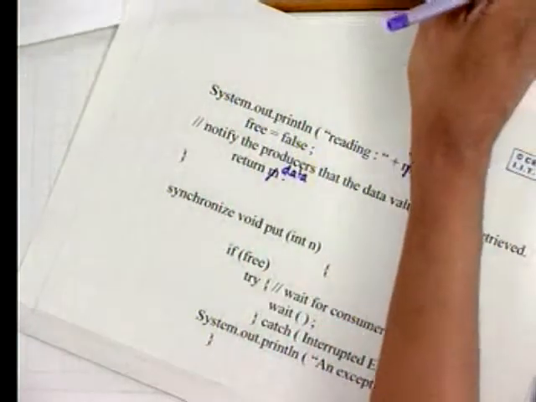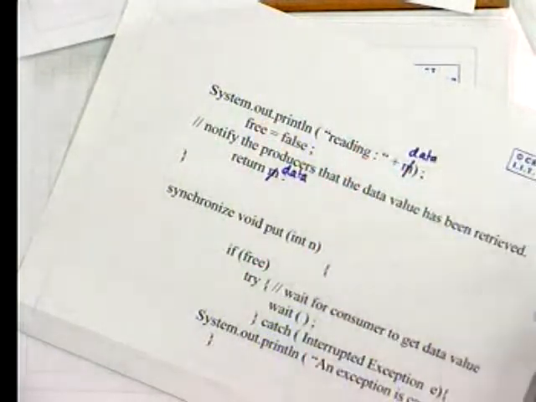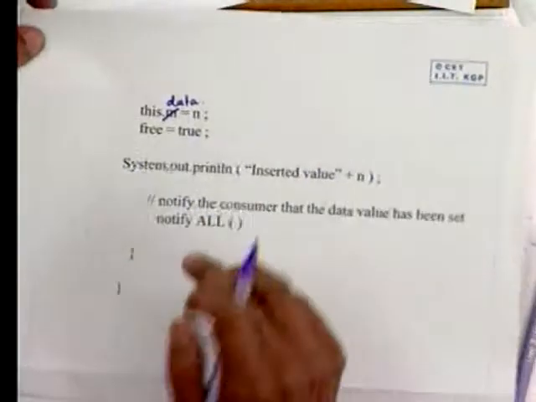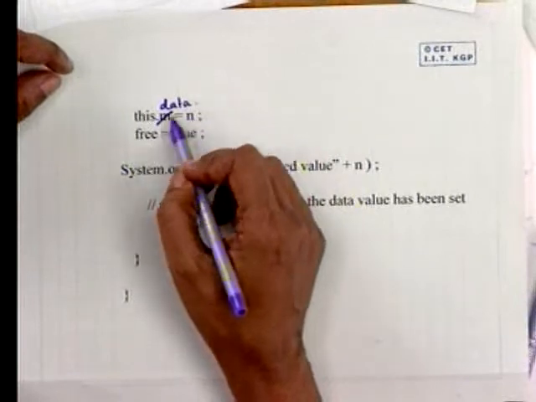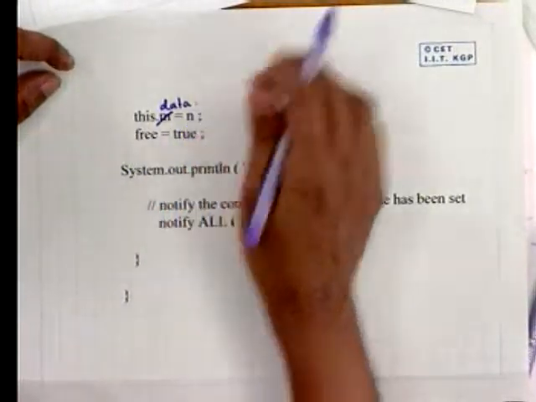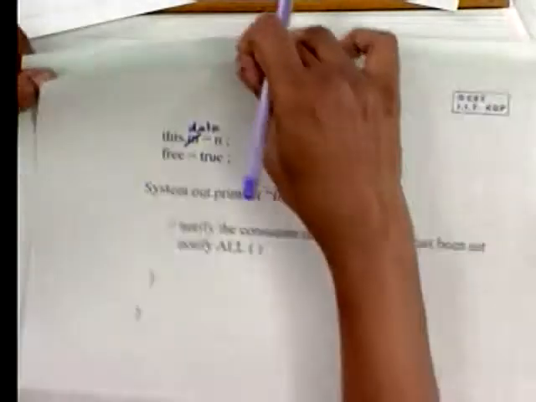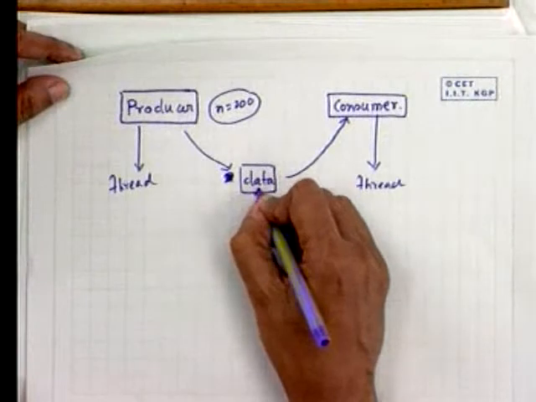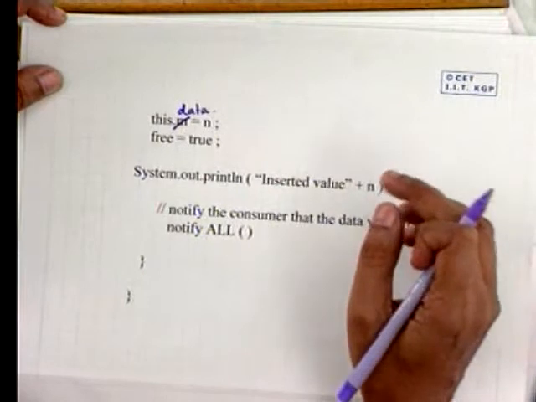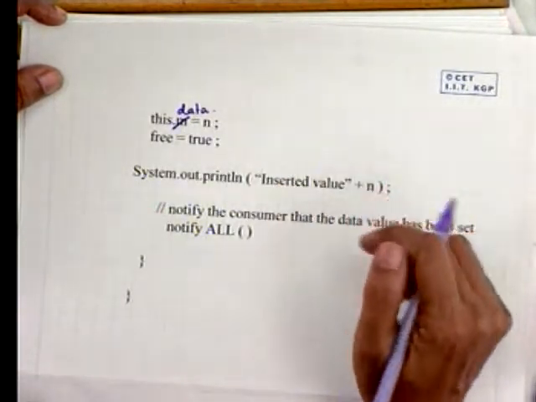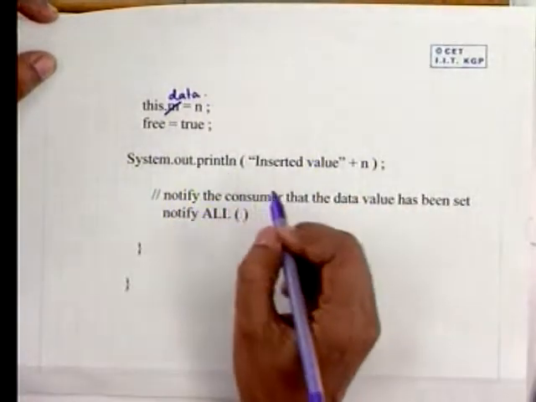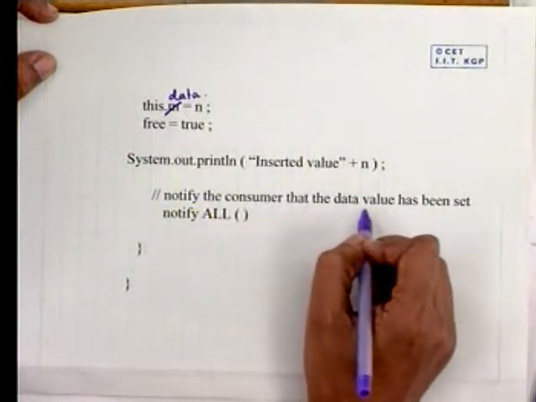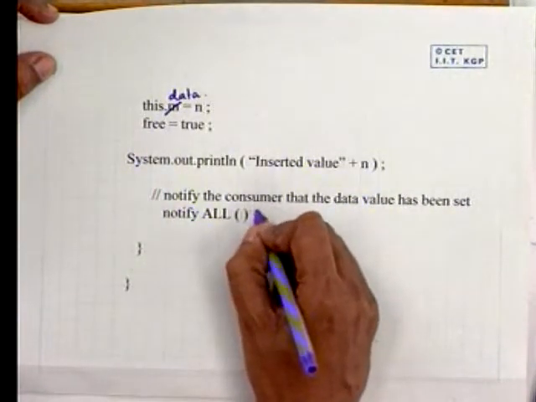Once the consumer has finished taking the data value, it will store this data value in n and proceed. That means 200 will be put here, and then free will be true, and then the inserted value is n, and it notifies the consumer. Note that word: notify the consumer that the data value has been set. So this is notifyAll.